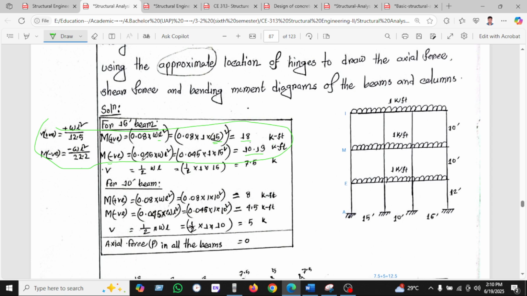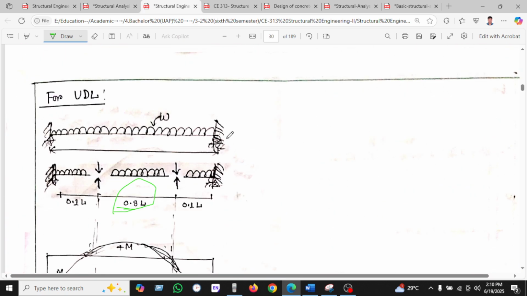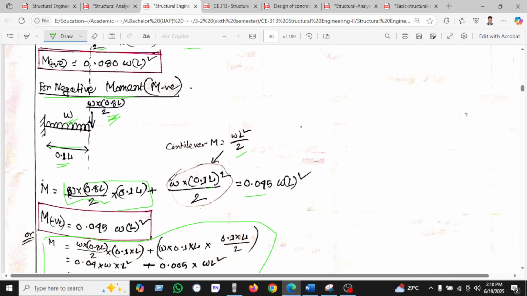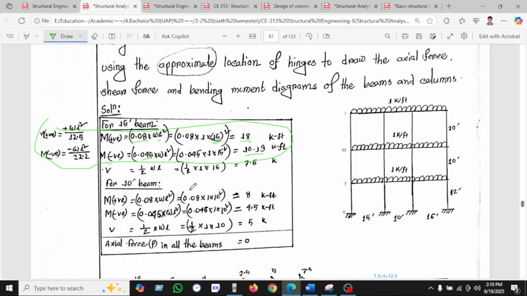How we get 0.04 and 0.08, I have shown here from the derivation. So you have to memorize this method or equation, otherwise you cannot solve this. For the shear, WL by 2, where L is 15, so we have found 7.5 kip.